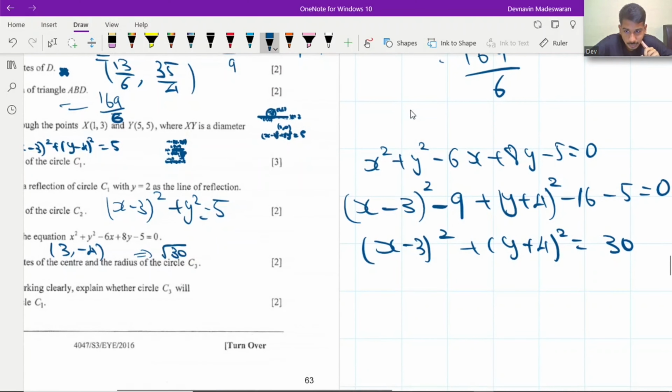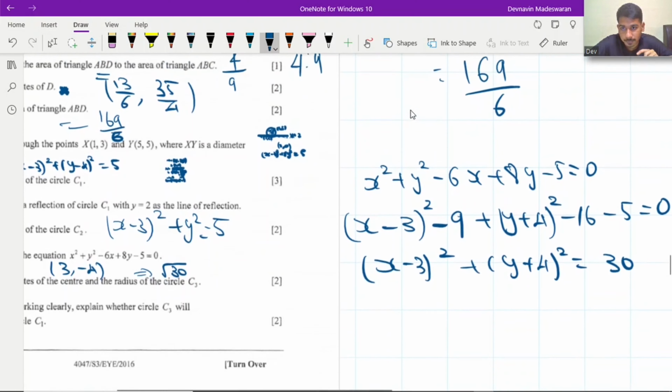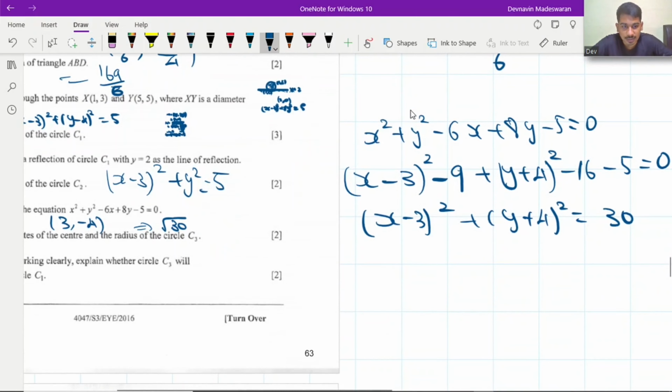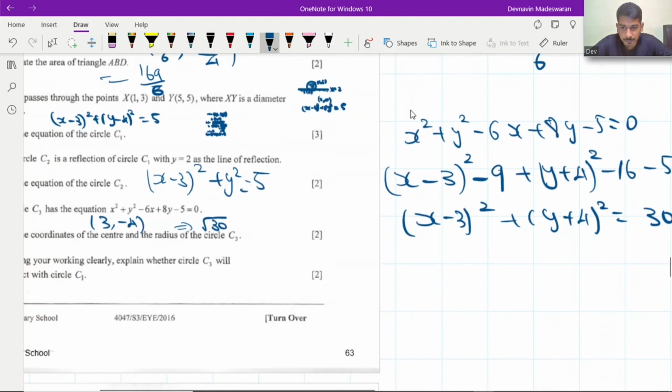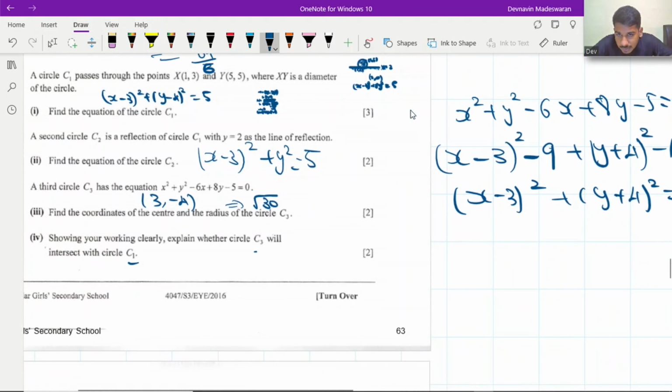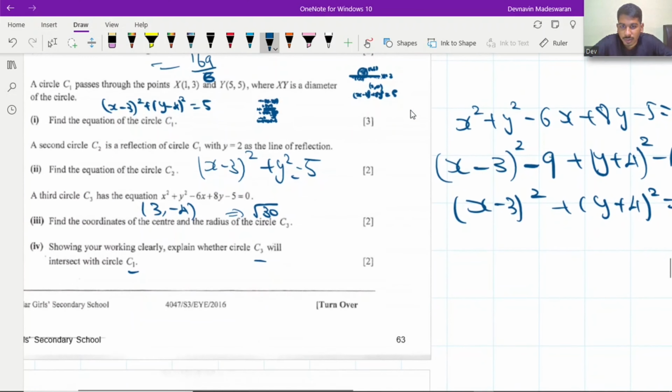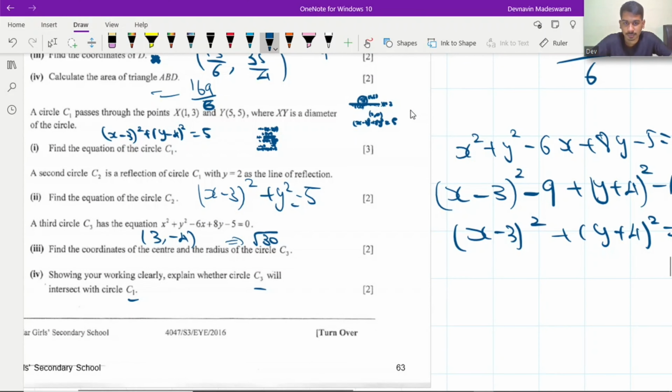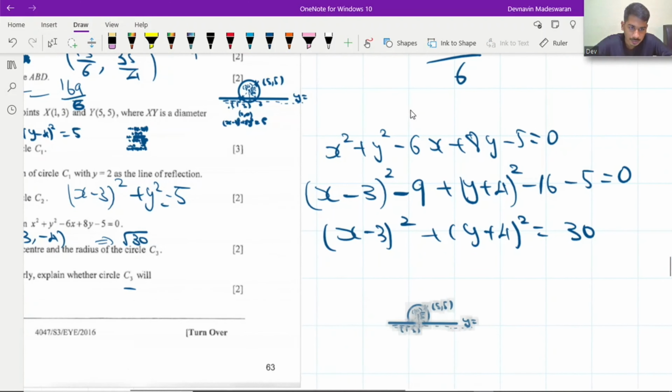Well, we need to use the radius idea, if I'm not wrong, because we have a center at (negative 3, 4). Wait, circle C1 and C3. Can you draw the circle? I think thankfully I didn't erase it. So let's play around with this.